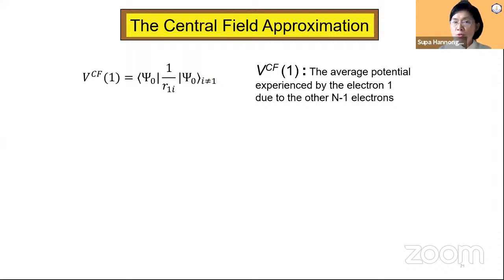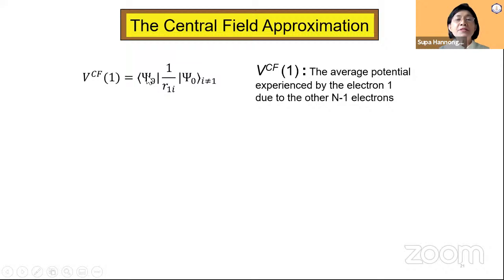I need to mention this keyword to you because when we study density functional theory, the concept is different. Yeah, I will mention this later. But for Hartree-Fock, it is the central force or central field approximation, as I explained to you here.